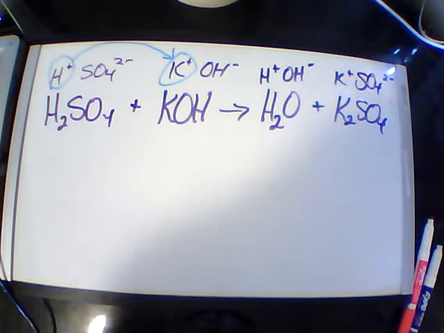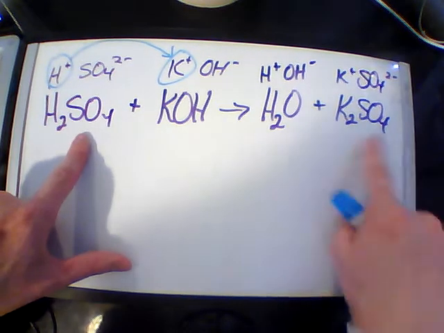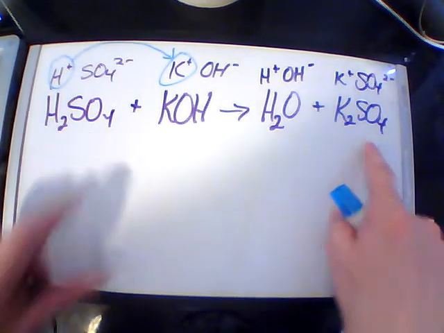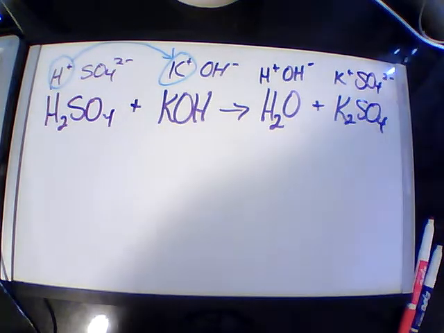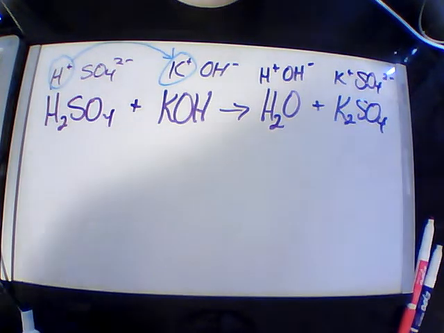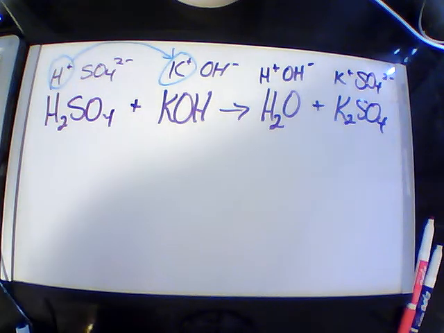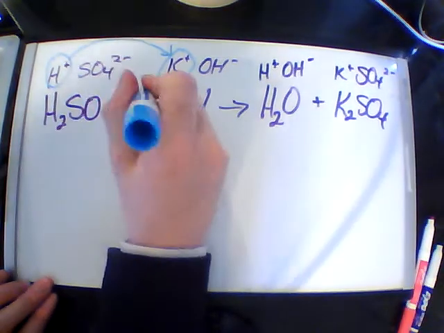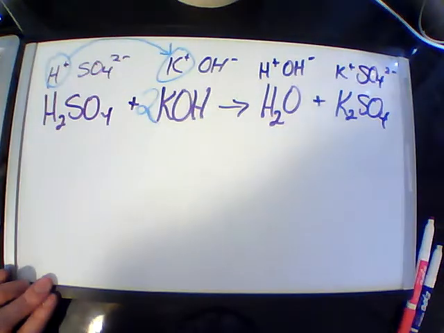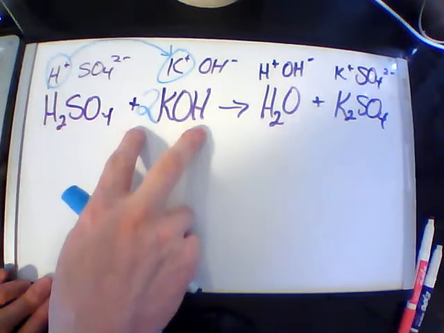Polyatomics first. SO4, SO4, looks good. I've got a hydroxide here, but because we write it as water over here, it's hard to balance, so just balance those separately. So from there, I have got Ks, 1 K here, 2 K here, which means I need a 2 right there to balance those Ks. I now have 2 hydrogens here and 2 here, which is 4.